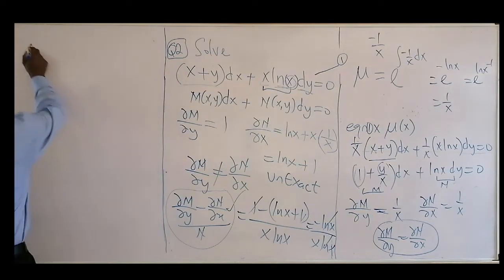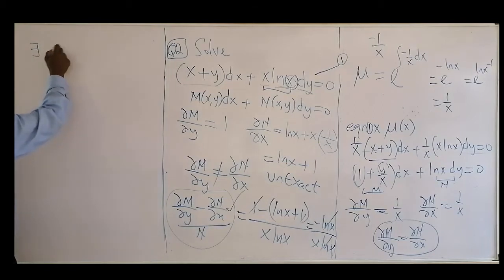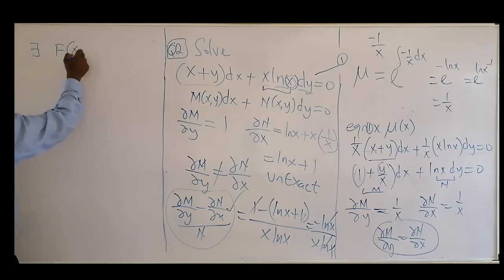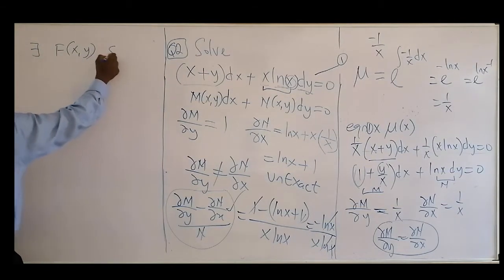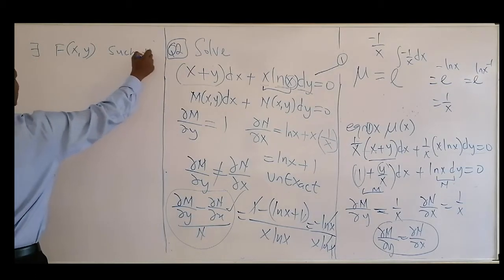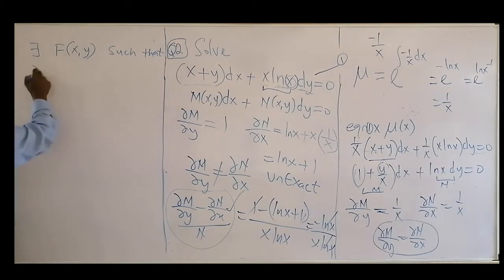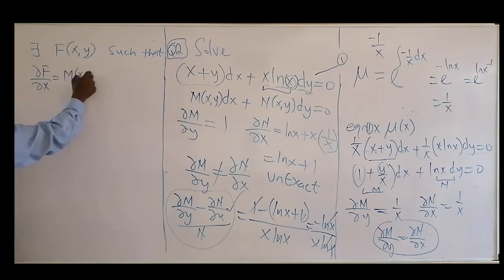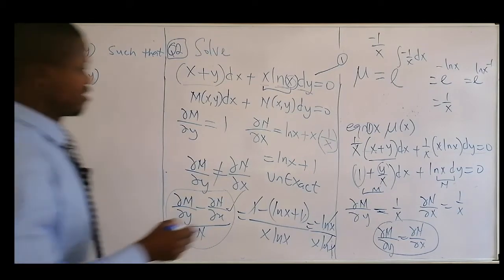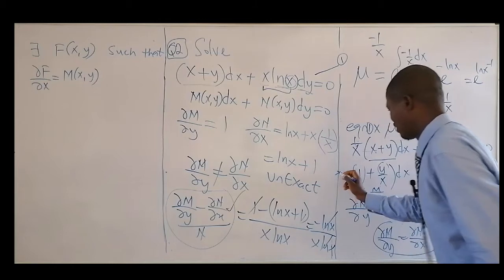Then, since it's exact now, we can get the solution. There is a function f(x, y) such that the partial differential of f with respect to x is M. And my M is, this is now your equation, the one that is exact.